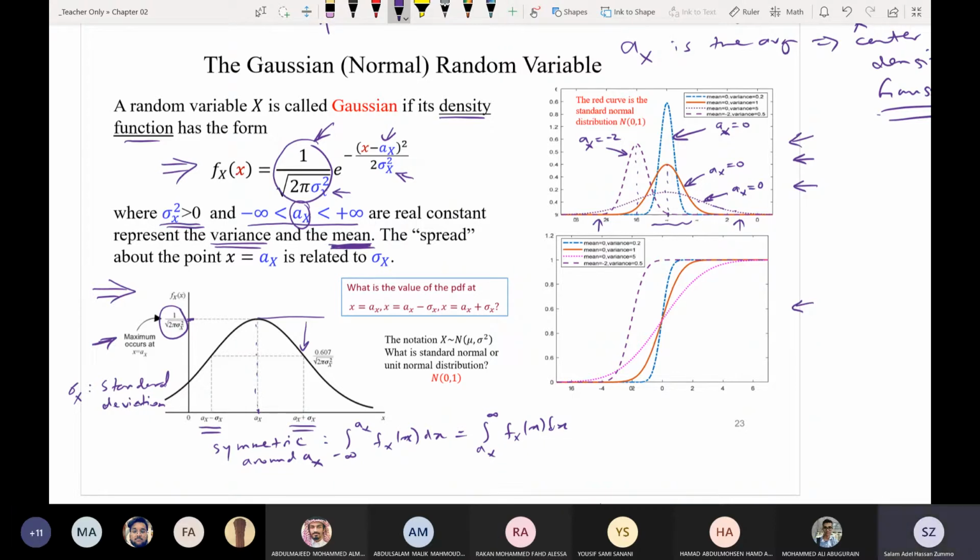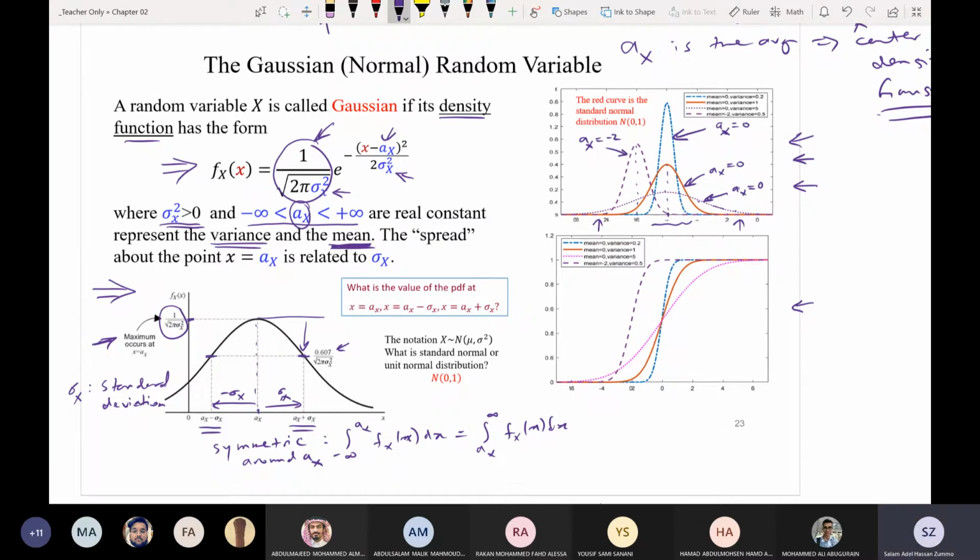Now around AX by 1 sigma X and by minus sigma X, to the right and to the left, the PDF drops to 0.607 of its maximum value, that is 0.607 times the same constant. Okay?